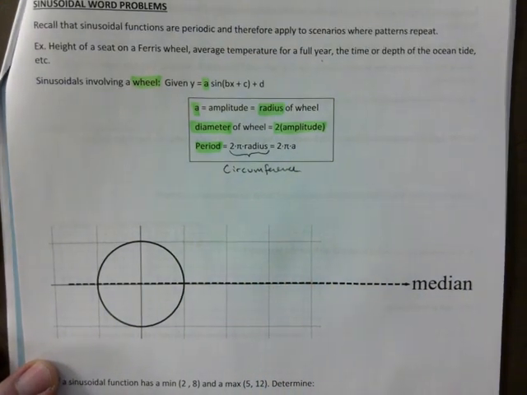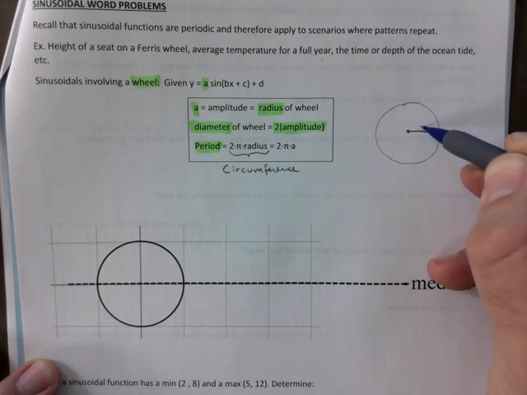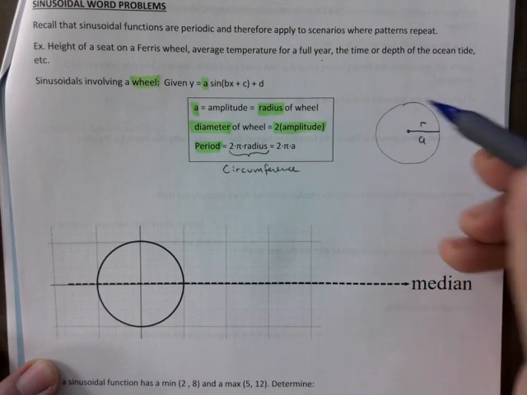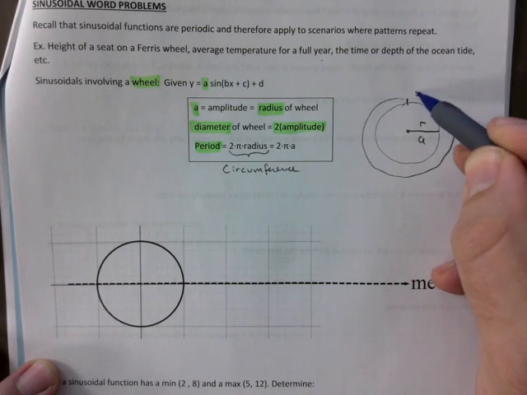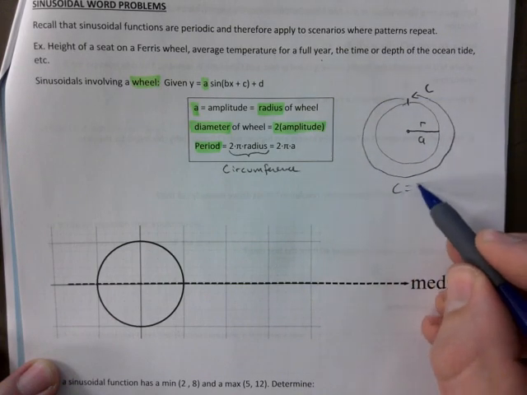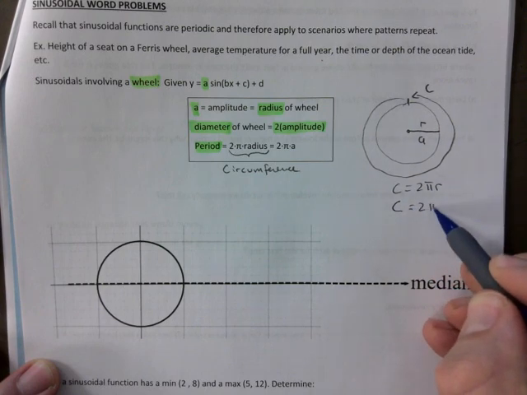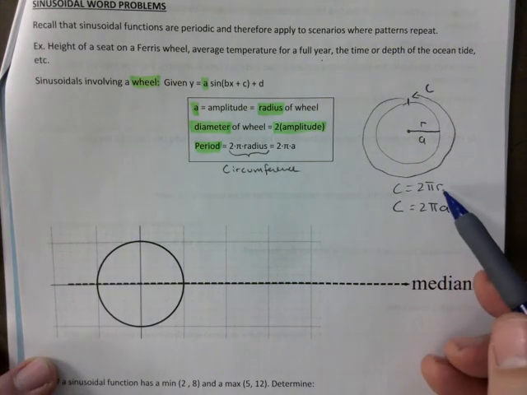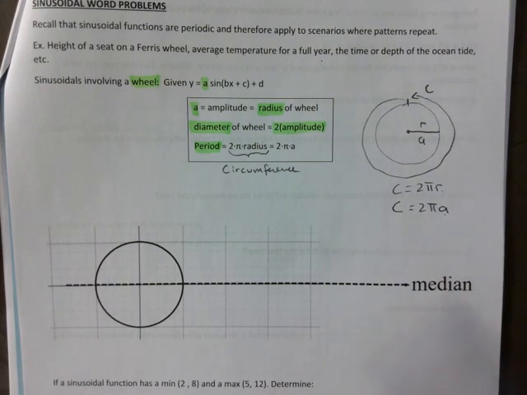Yeah, circumference. So, right, if you have a circle, this would be r, and in the sinusoidal world, it would be amplitude as well. Okay, and circumference, right, that's C. C is equal to 2 pi r, but in the sinusoidal world, it's 2 pi a, right? So it's the same thing, but we're now replacing radius with amplitude, okay?